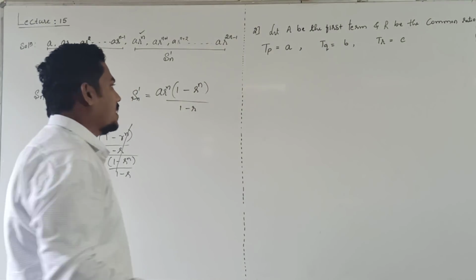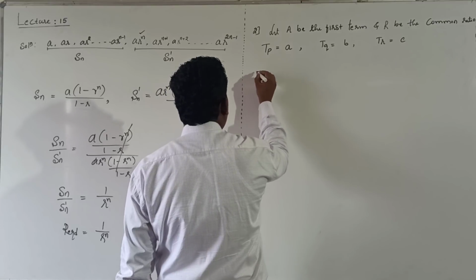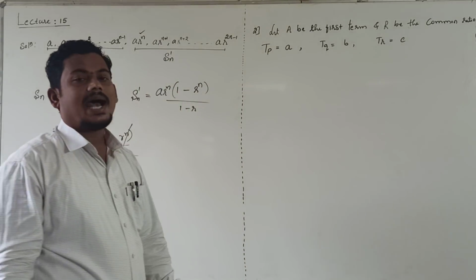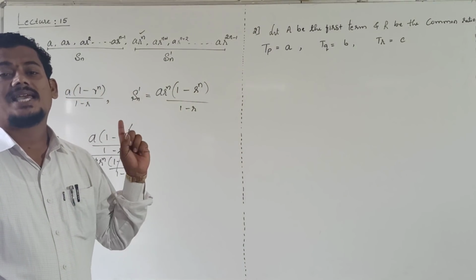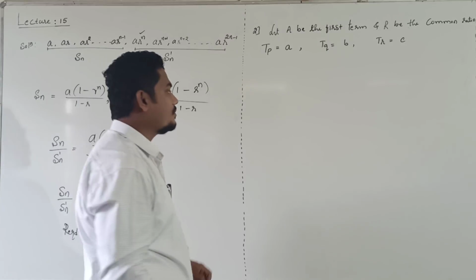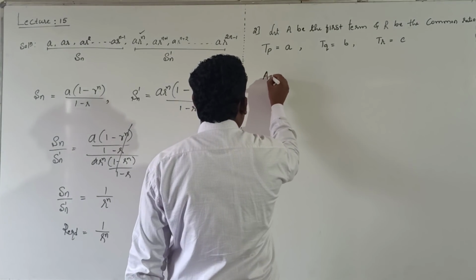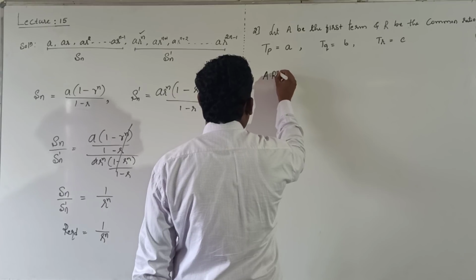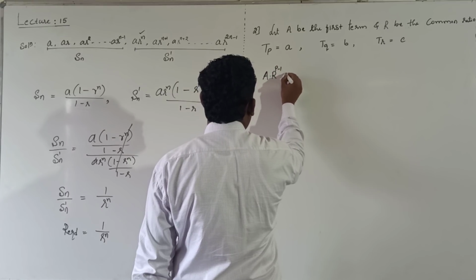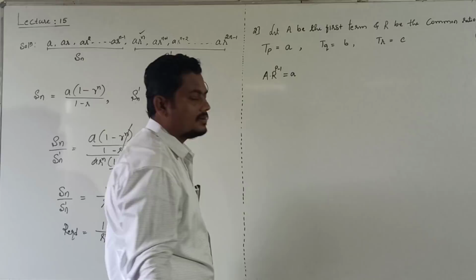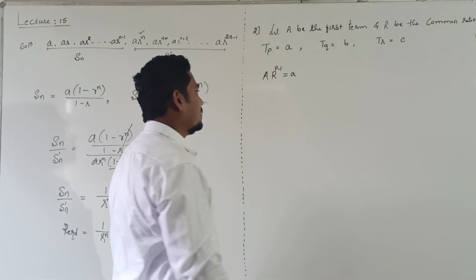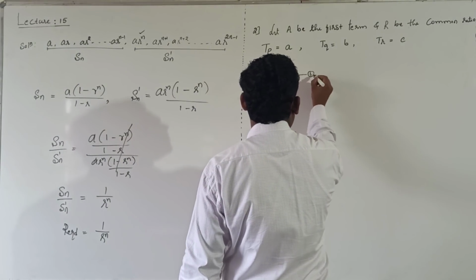Now, what is the TP formula? A into r power n minus 1. In this case, a is capital A instead of small a. A into capital R power p minus 1 is equal to small a. This is from the given data. Take this as equation number 1.